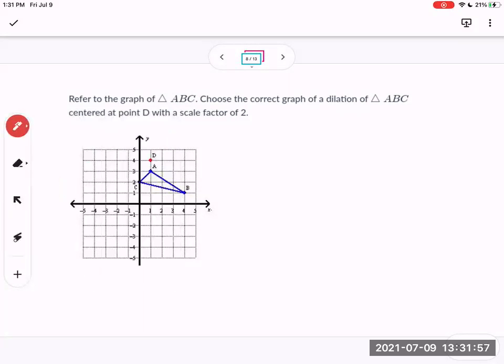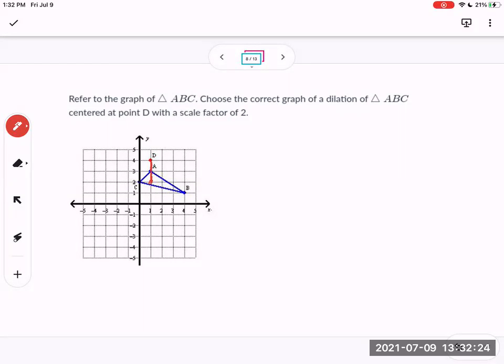Wait, why did you go down? Why didn't you go up? Because the distance is from D. It's centered at D, so it's going to go straight through here. I thought since it's 1 from A to D, then it would be a new point from D to A prime, which would be up 1 from D. No, I do not think so.